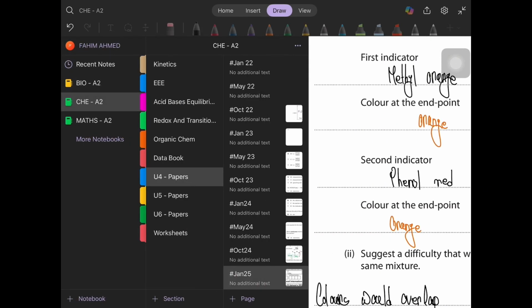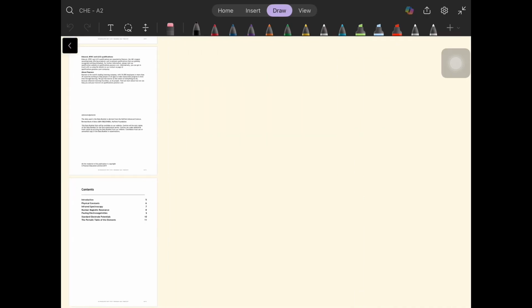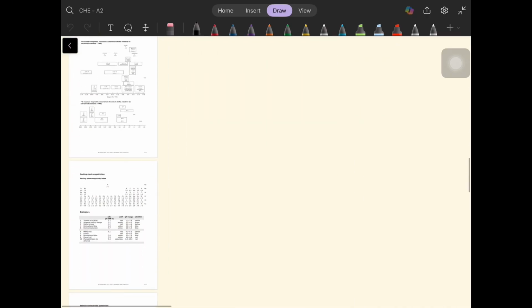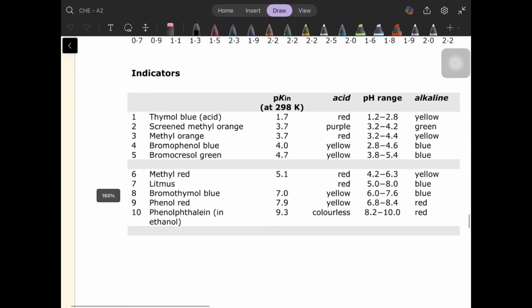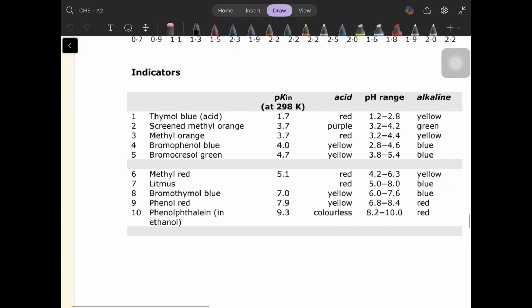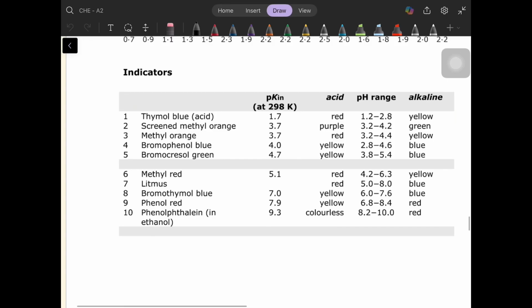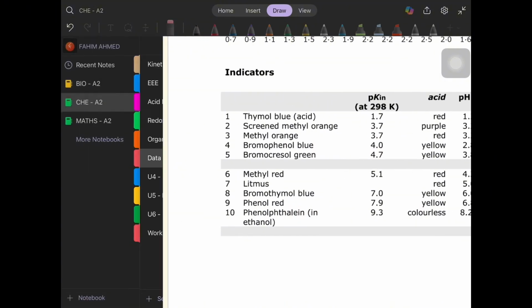So let me just take a look at the data book. Yeah, red or orange, because it is not completely alkaline here, right? Because it is in the middle, right? So between yellow and red, it is going to be orange as well.